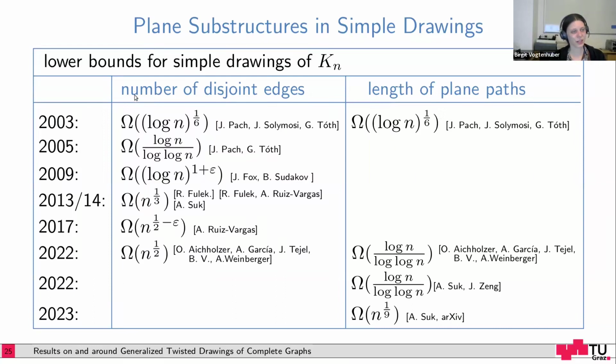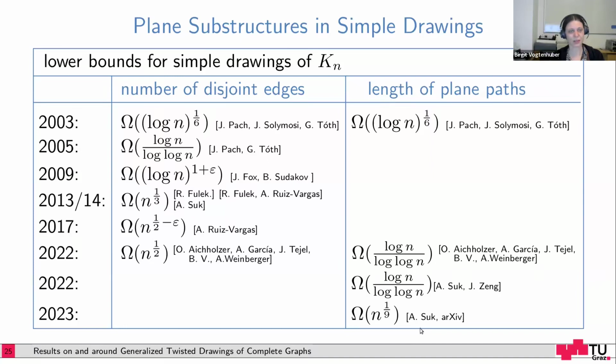For disjoint edges, we start with log n to the 1/6. At some point, they break the log n in 2009, then have a huge step to the third root of n, then to n to the 1/2 minus epsilon, and then to n to the 1/2. That's, to the best of my knowledge, the currently best bound.